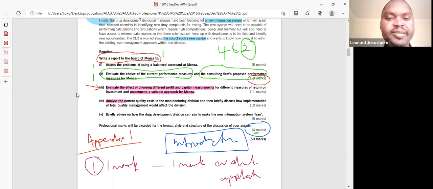When you're calculating the return on investment, we have 2 broad measures: return on capital employed and return on equity. The return on capital employed measures the percentage return on the total capital used by the company, that is debt and equity.